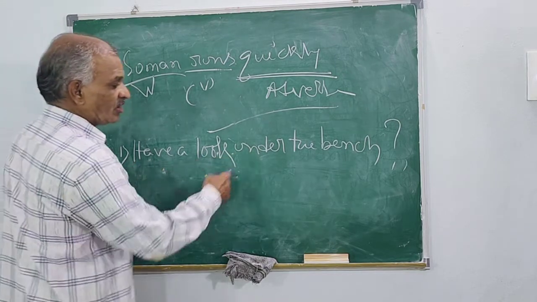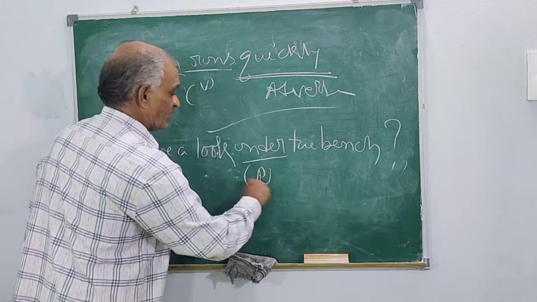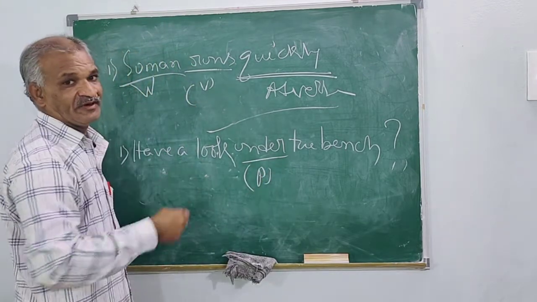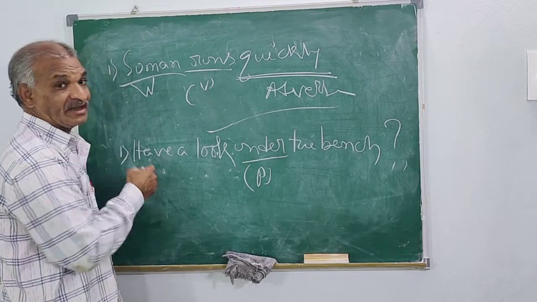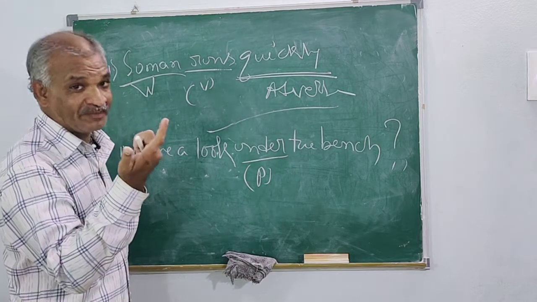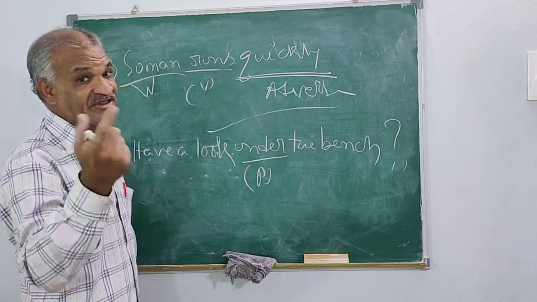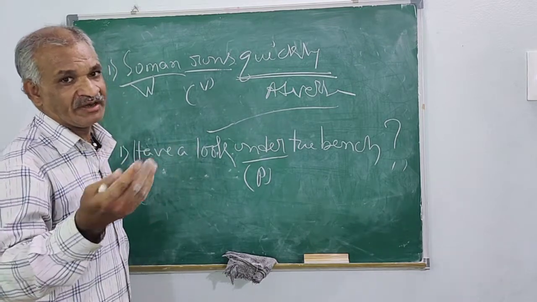So, have a look under the bench. If I underline it here, this will be called a preposition. If I underline it here, that will be called a verb. If I underline it here, that will be called a helping verb. Clear? The bench is a noun. The is an article. Bench is a noun. But I am not asking all these things.